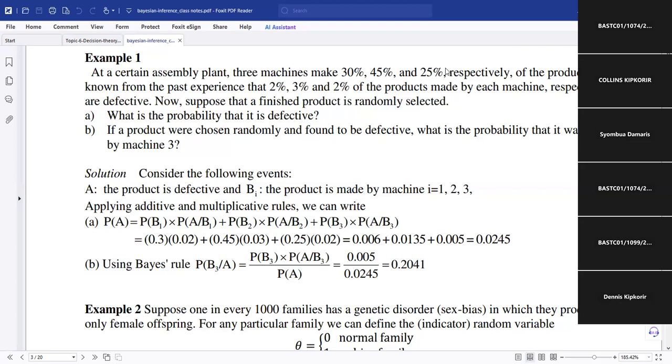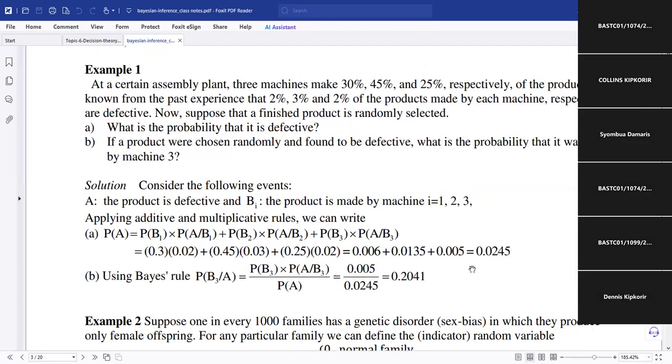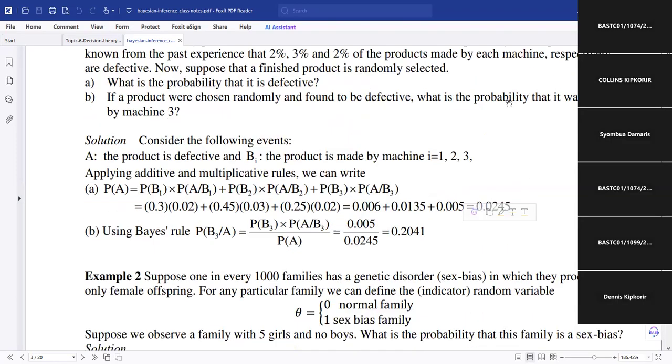Plus the probability that it is machine 3, which is 0.25, multiplied by 0.02. And we sum that up and get this particular probability, 0.0245.